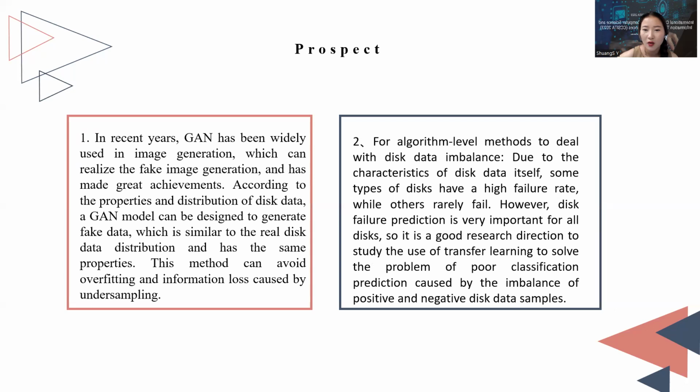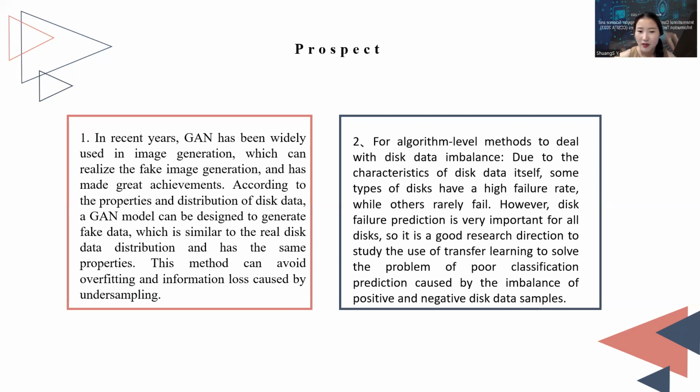Two, for algorithm level methods to deal with disk data imbalance. Due to the characteristics of disk data itself, some types of disk have a high failure rate, while others rarely fail.